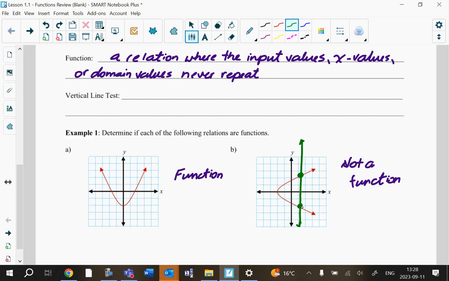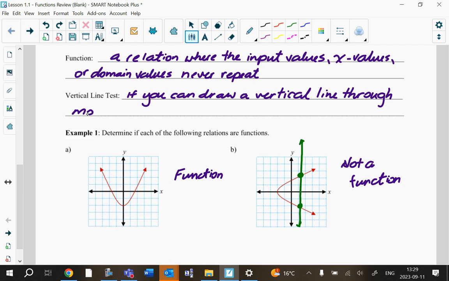So if you can draw a vertical line through more than one point, it is not a function.